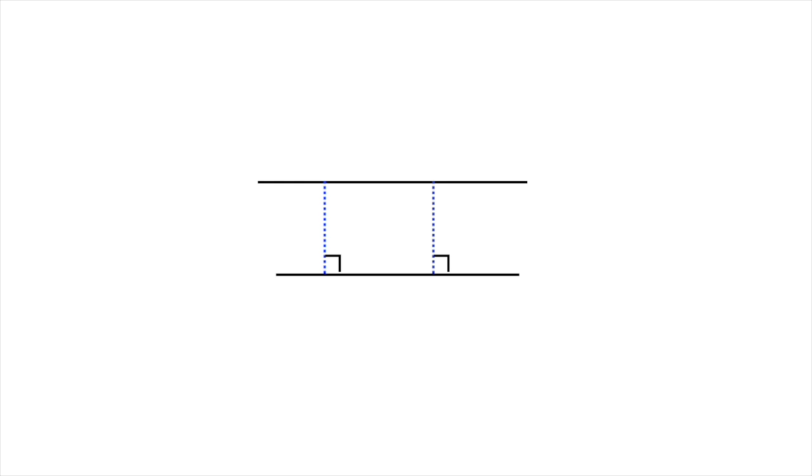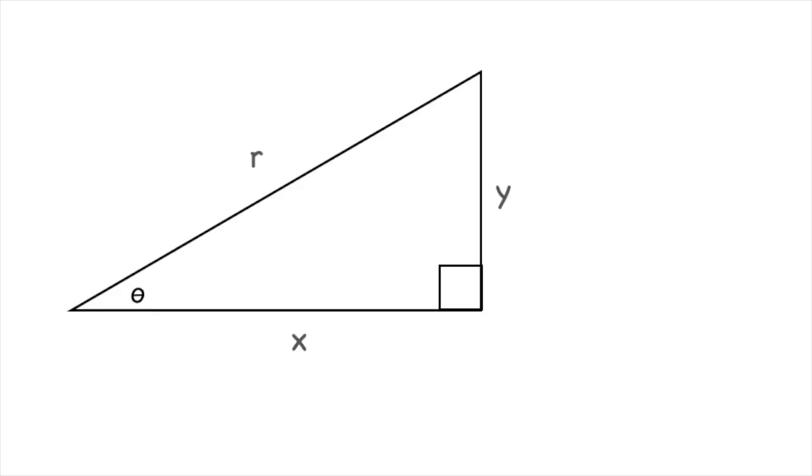The distance between two parallel lines is always equal whenever it is measured by a line segment that is perpendicular to both. Trigonometry allows us to relate Cartesian coordinates to polar coordinates.